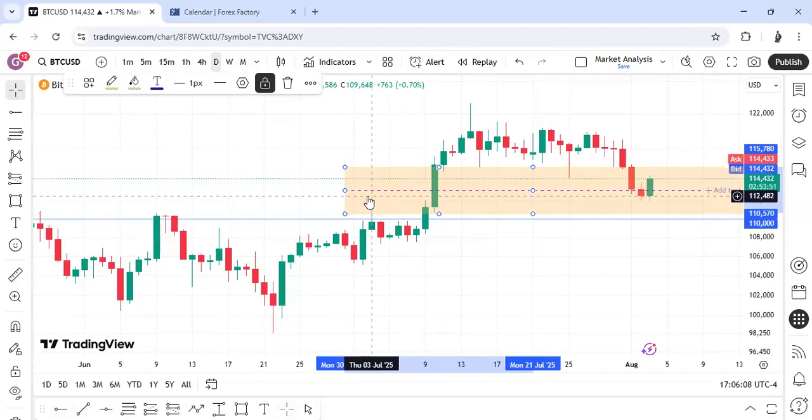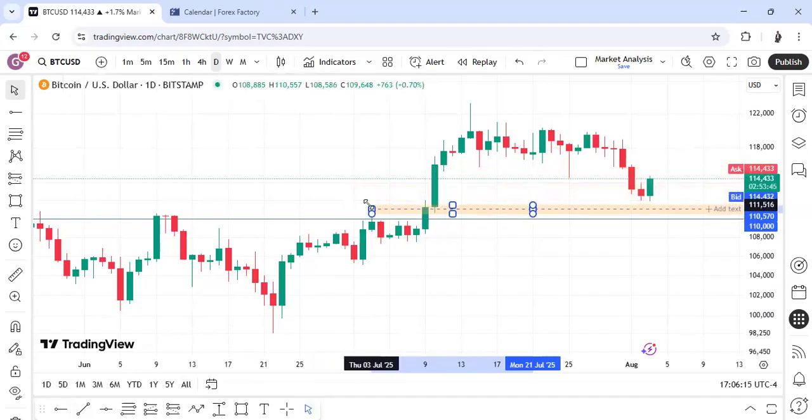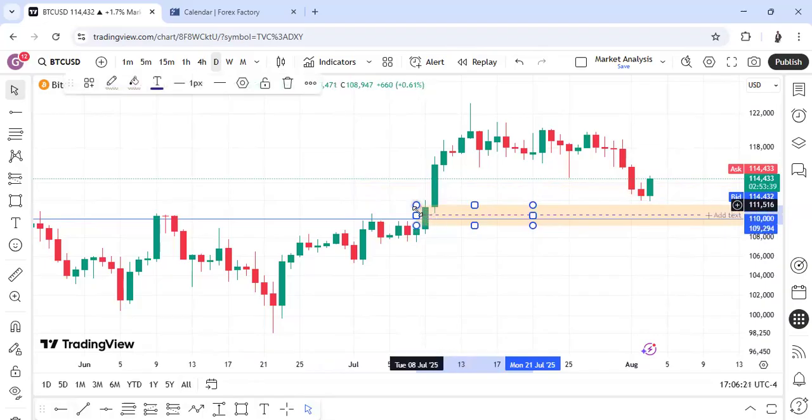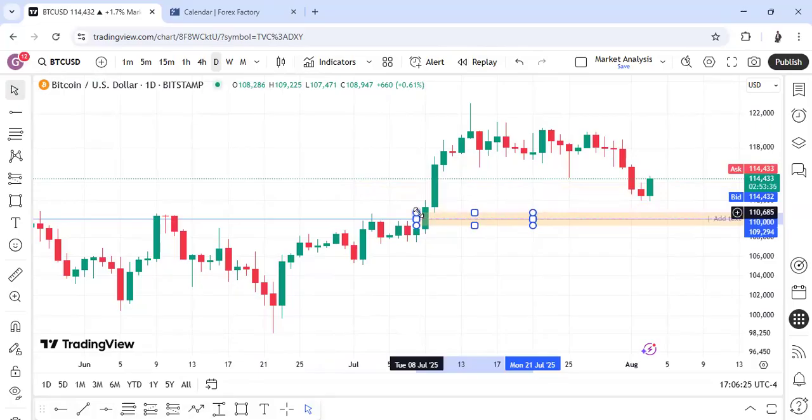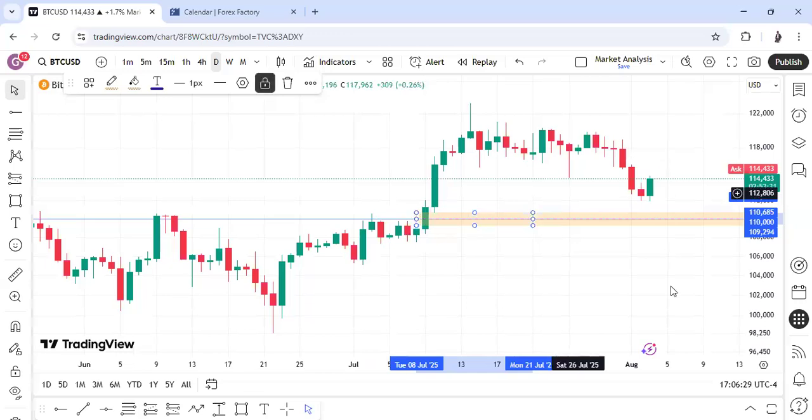So any movement to the downside, we have this one, this one here, this one here. Okay. So price could trade to this before a bounce to the upside. Okay, and there's an order block as well.